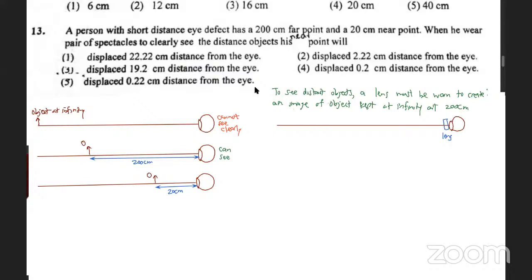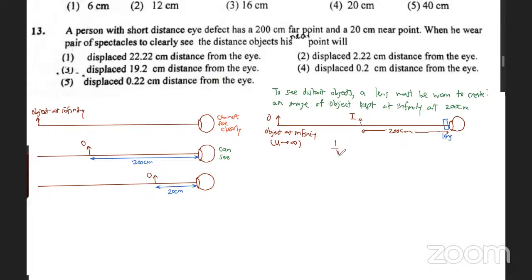Our object is at infinity, which makes u infinitely large, and we are getting an image at 200 centimeters. Then only he will be able to see it. That's what happens when someone wears a lens. That person is not directly seeing the object. That person rather sees the image.